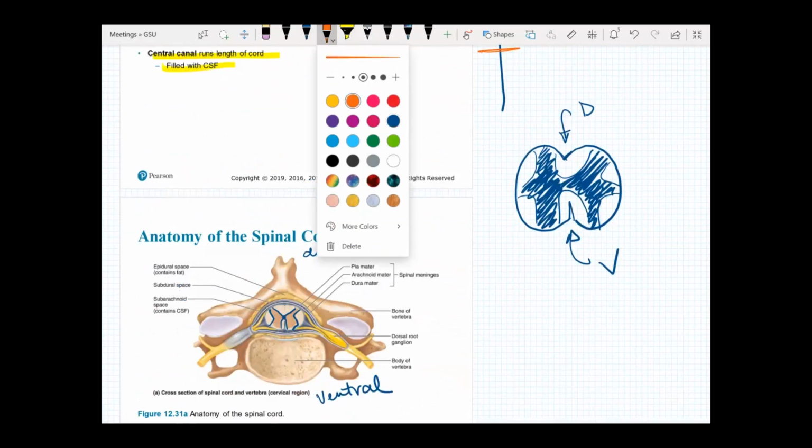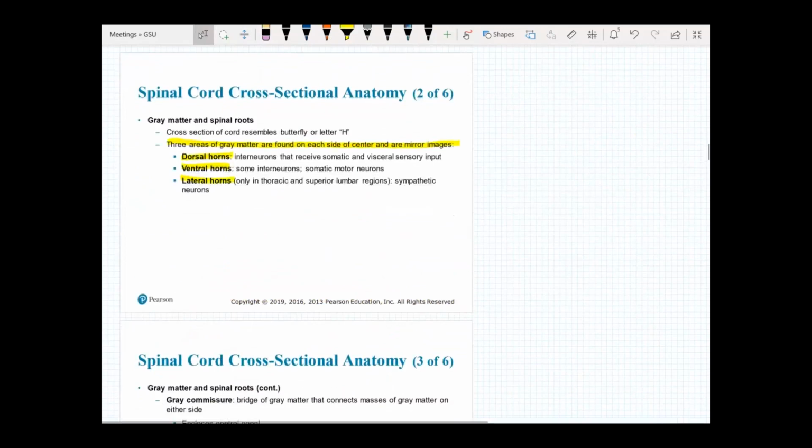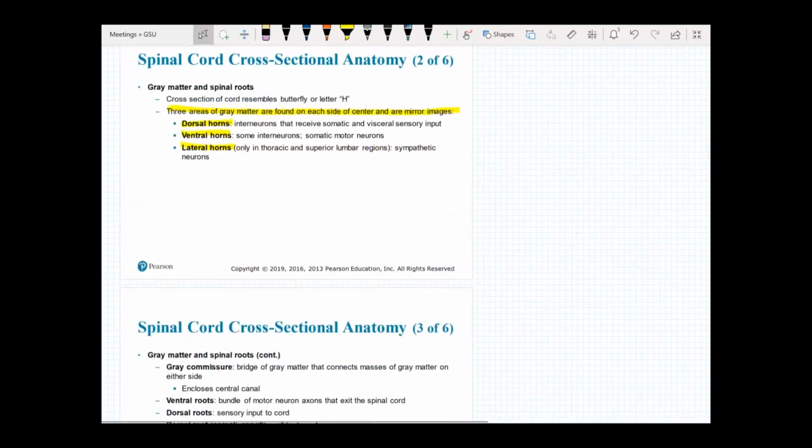So this is the dorsal horn because it's the gray matter and it's on the dorsal side. This is the ventral horn because it's the gray matter, it's on the ventral side. And this is the lateral horn because this is the gray matter that's on the side. So that's what these horns are, and they're going to be holding information.